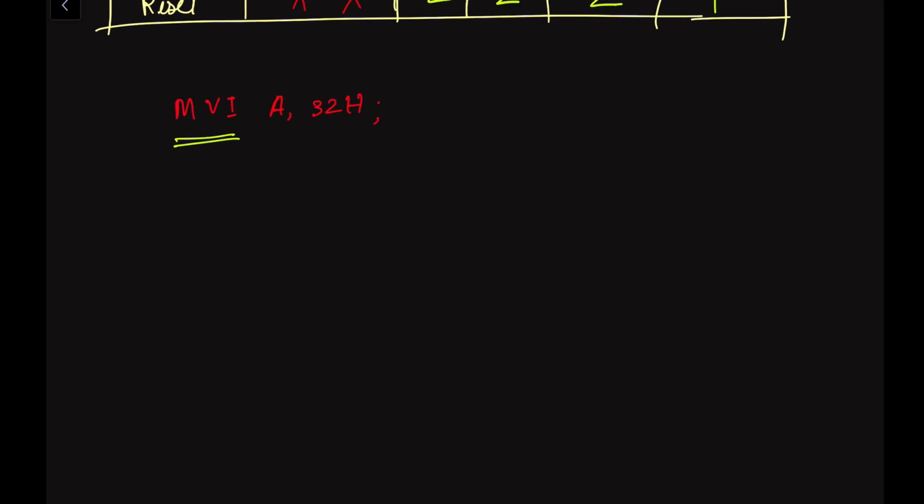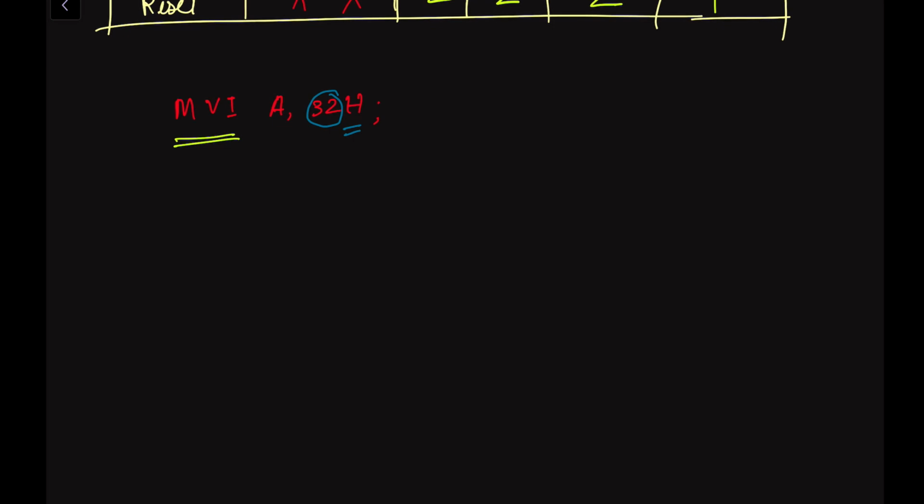MVI means move immediate. If we have an I at the end of the opcode, this is the representation that the data is already available in the instruction. So here the data is 32. 32 is in hex code; this H represents the hex code. 32 is the data available in the instruction.